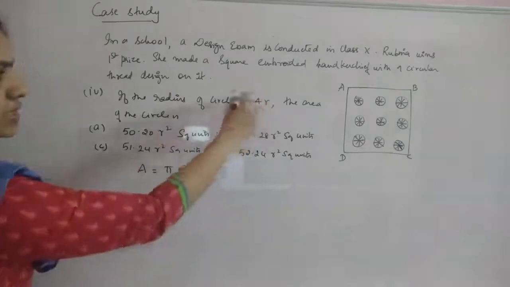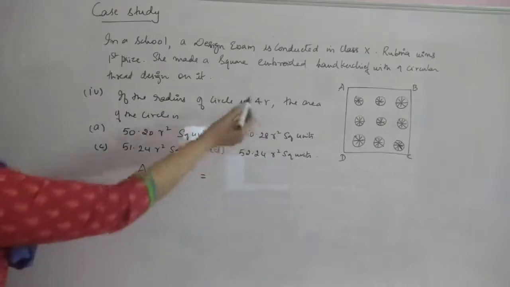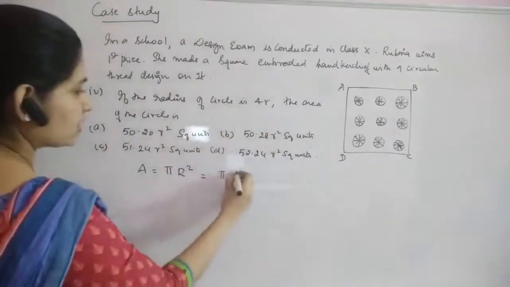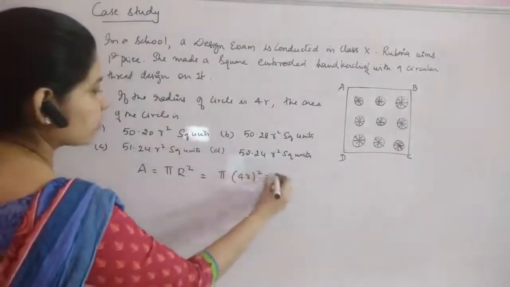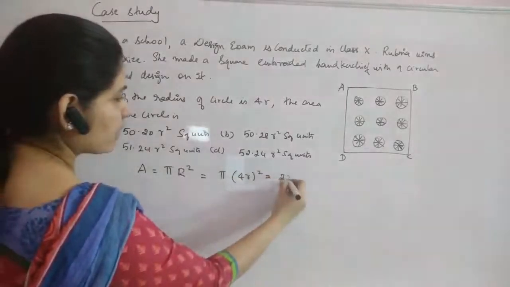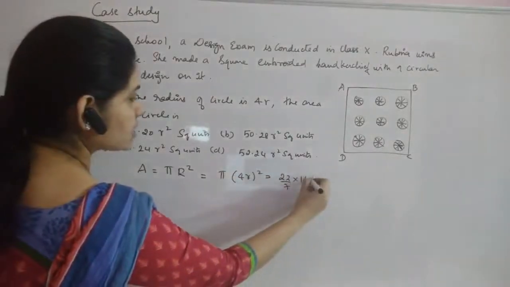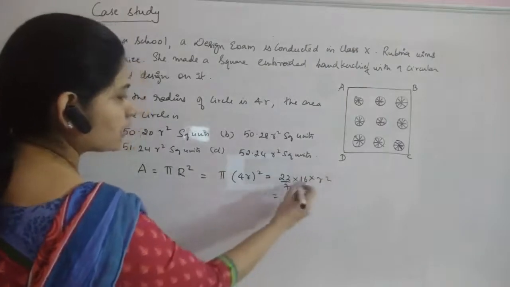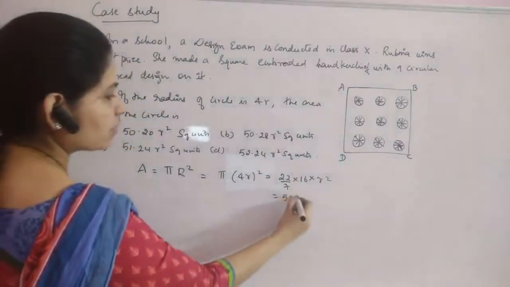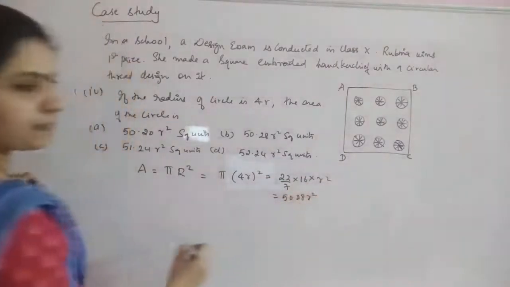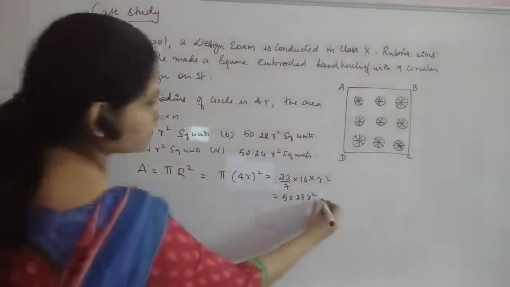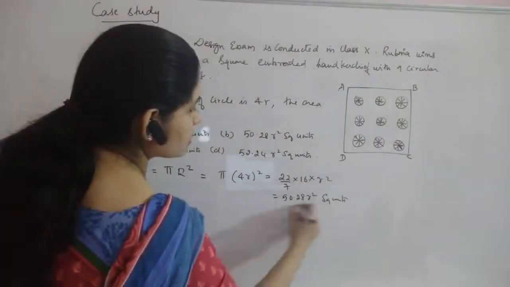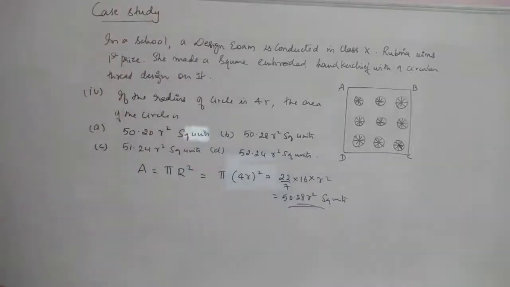So I will replace r with this. So I will get pi into 4r the whole square. For the people who have any doubt, this is 16 into r square, right? Now here you have to calculate and you will get 50.28 r square, square units. So this is the answer, 50.28 r square, square units.